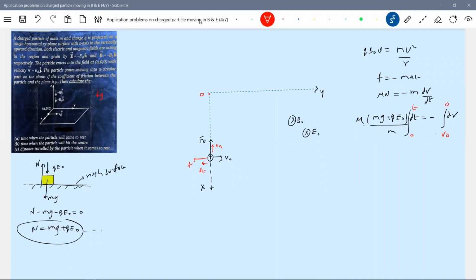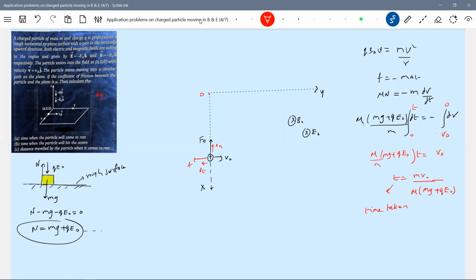So I'll finally end up with the equation mu... I think better let m be there. t equals m v0 by (mu mg plus qE0). What is this t? Time taken by the particle to come to rest.